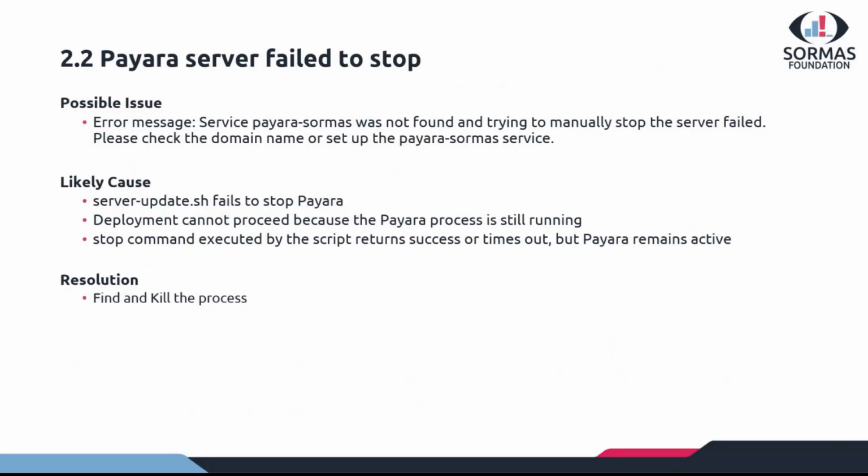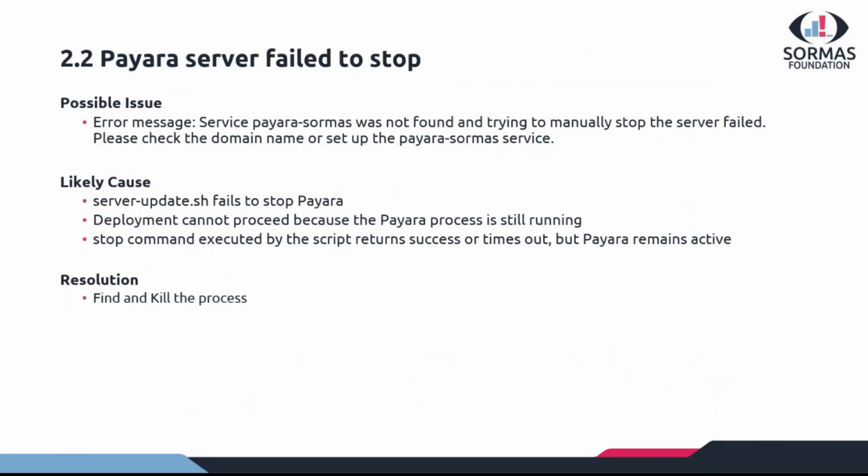Now, one common issue that happens during server updates is that at the stage where the update script needs to stop Payara, the server doesn't actually stop, and the script tries to continue. So you get this error message, Payara SORMAS was not found, or that trying to manually stop it failed.